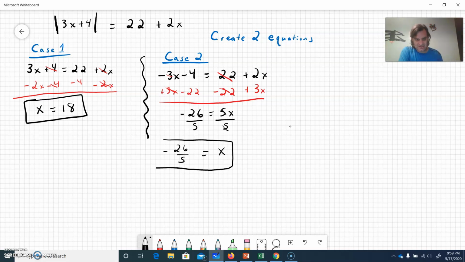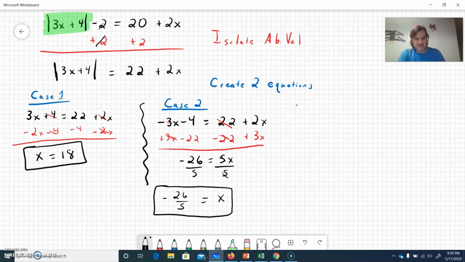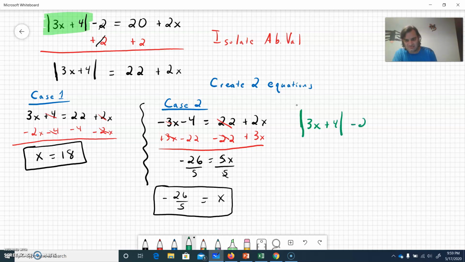So right now I've got two possible solutions. I'm going to go back to my very original equation, and I'm going to try both of these in there. Okay, so I'm going to come off to the side here, and I'm going to write down my original equation. And I may save a few steps, but 3x plus 4, that's the absolute value, minus 2 equals 20 plus 2x.